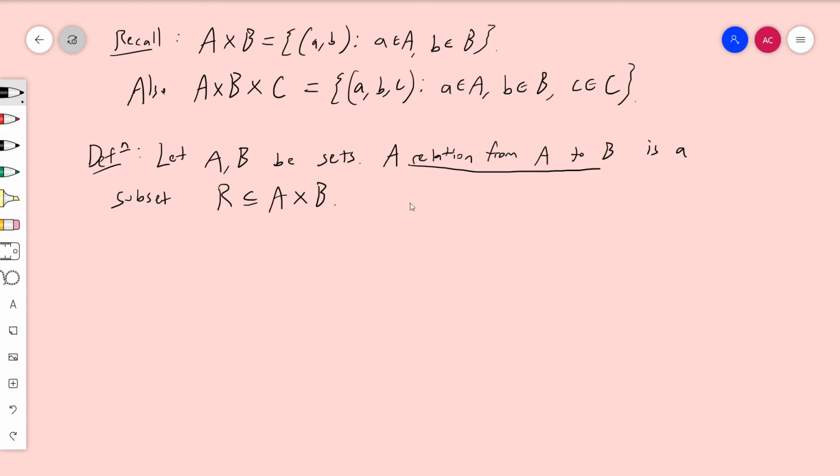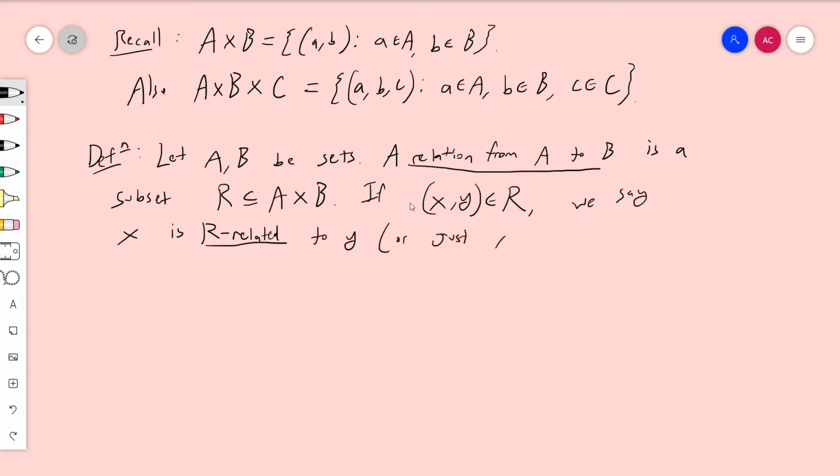So that's that. A relation is any subset of the Cartesian product of two sets. So if (x, y) is in the relation R, then we say x is R-related to y, or if the context is clear, just x is related to y.